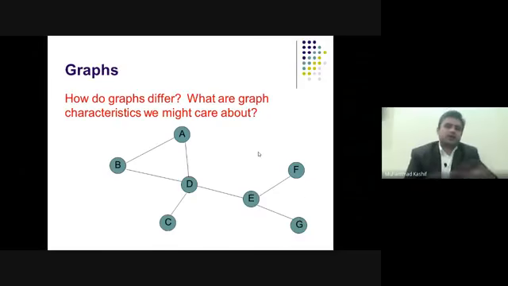So how do graphs differ? What are the graph characteristics we might care about? First of all, as I told you, in our real life graphs exist everywhere. While we are making electronic circuits, while we are doing embedded programming, like when we are planning to find the shortest path in air flights, or in railway tracks.